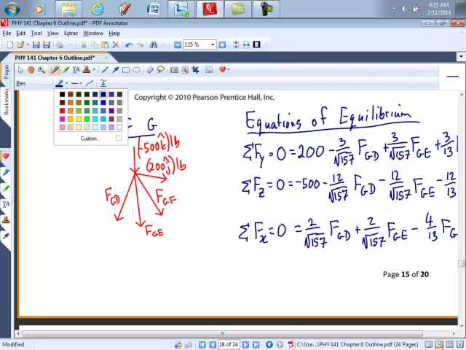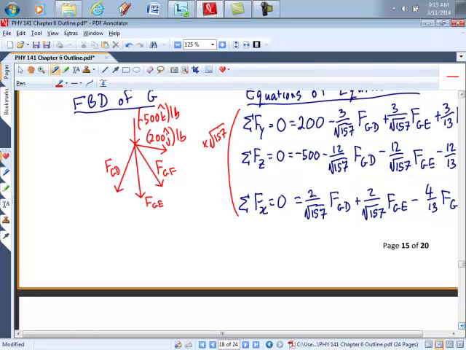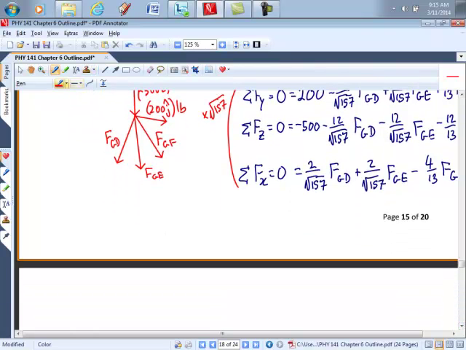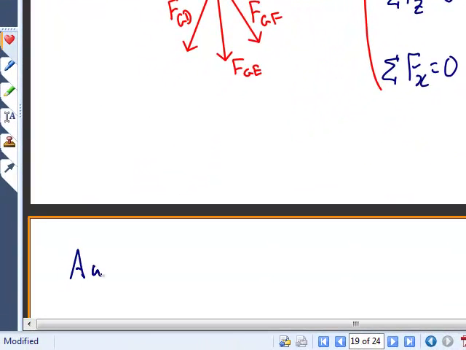Let's just multiply the whole thing, and then put those numbers in the matrix. So make an augmented matrix.